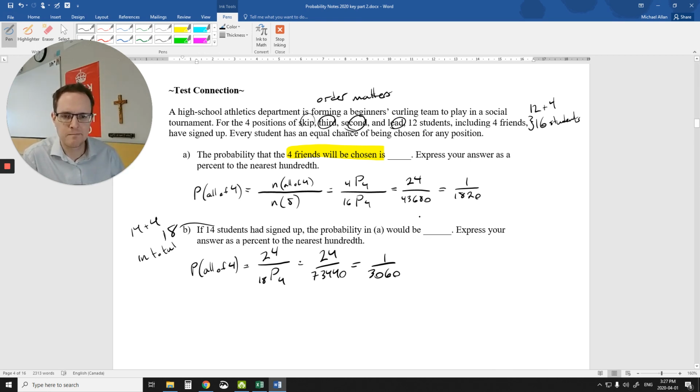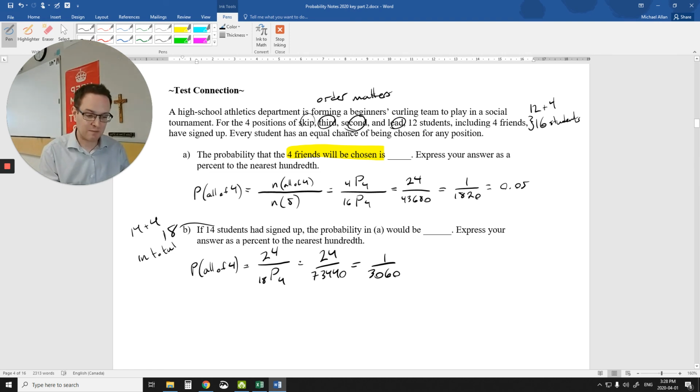There you go. Oh, I want to express this as a percentage as well. It says here, express your answer as a percentage to the nearest hundredth. So as a decimal, this number is quite small: 1/1,820.